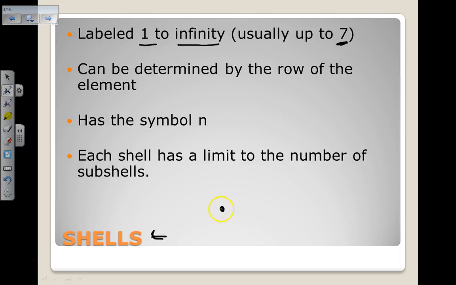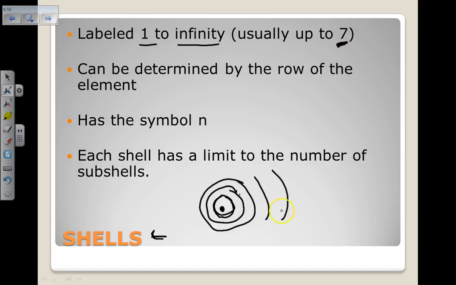Okay, so if we think about kind of the classic model, because the Bohr model helps us when we do this, if we think about the Bohr model or the planetary model, the idea is that each one of these things is a shell. Well, typically we usually only go up to 7. We only have 7 of these things in an atom.